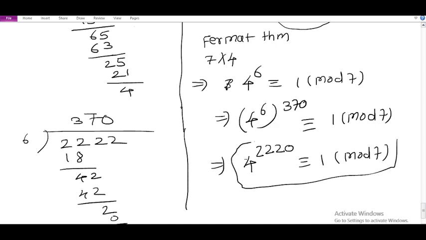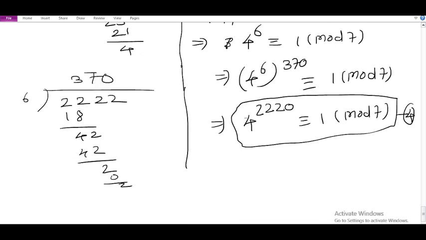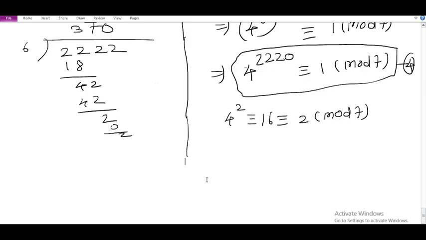Say this is equation number 4. Now we still want to determine 4 raised to 2. So 4 raised to 2 is equal to 16, which is congruent to 2 modulo 7.